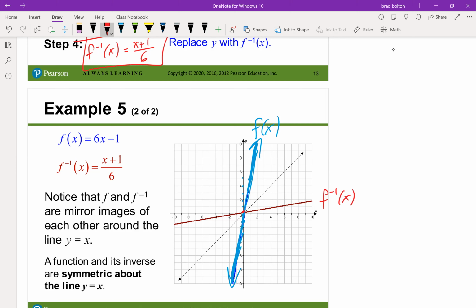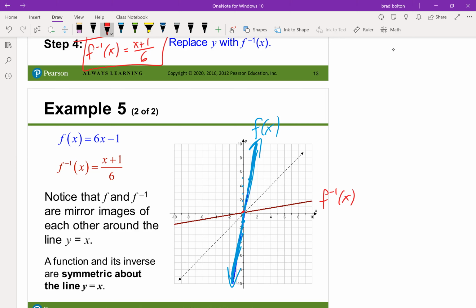So our slope is rise 1, run 6. Wait, I'm going the wrong way. I'm sorry, I was imagining things. So I rise 1 and go over 6: 1, 2, 3, 4, 5, 6. Right there. And that's how they got their red line.